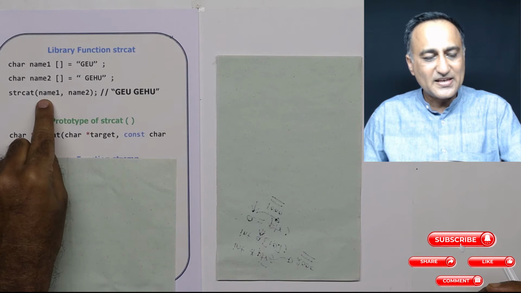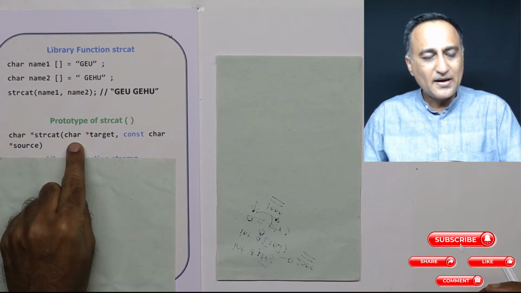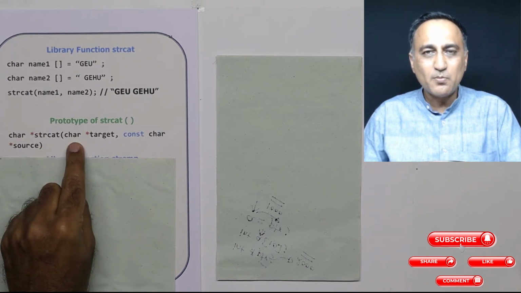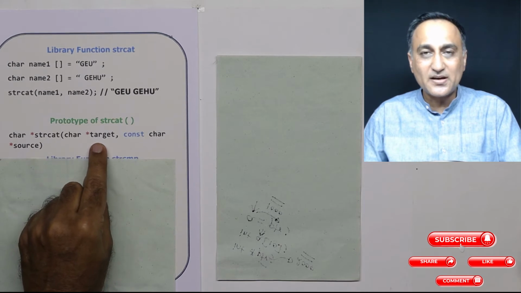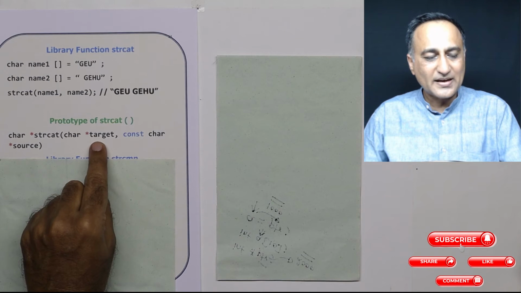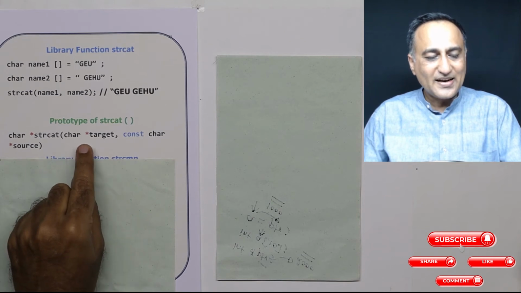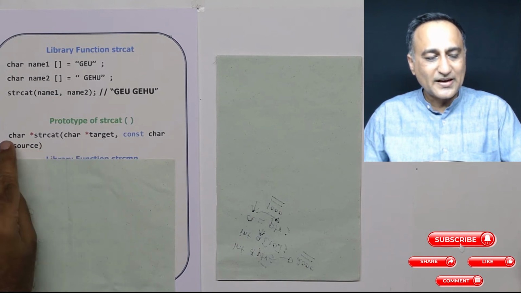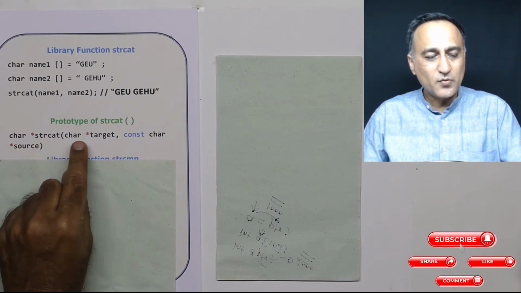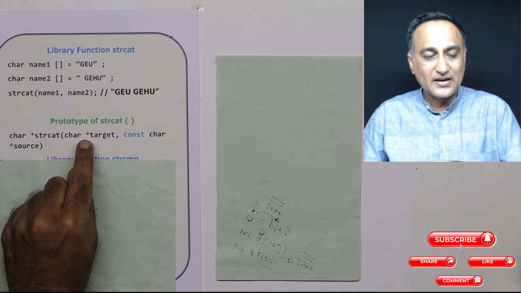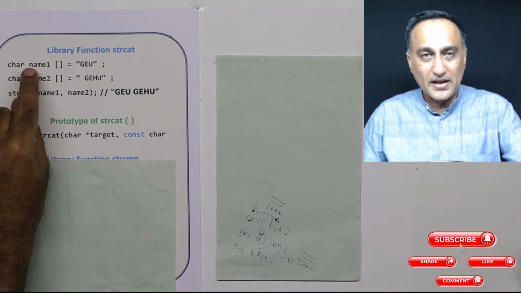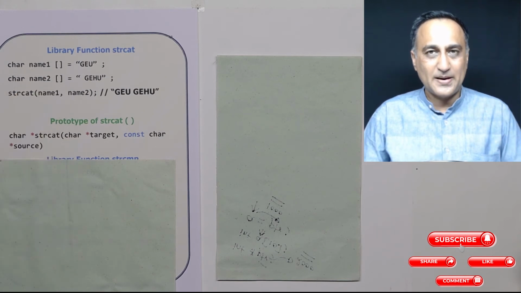Target indicates name1. Here it is a normal pointer which can be modified. That means the contents of the target can be modified. So the source content is copied to the target, and the return value is a pointer to the target, which is the address of name1 in this particular example.